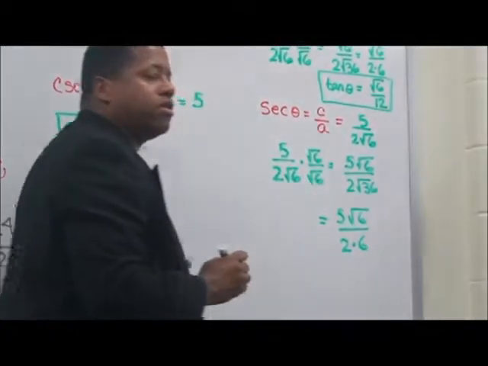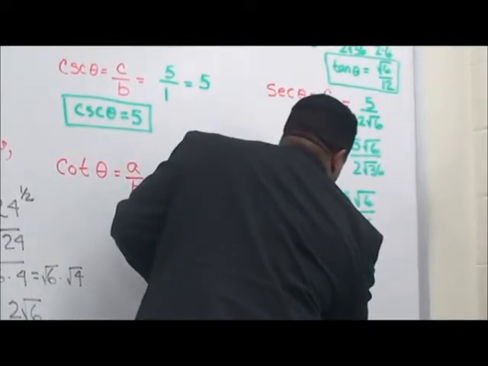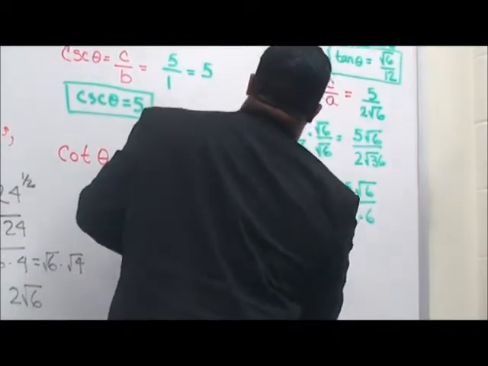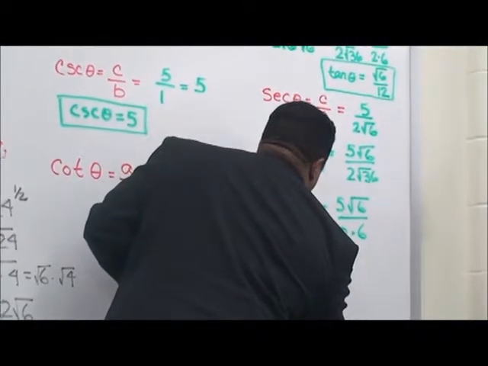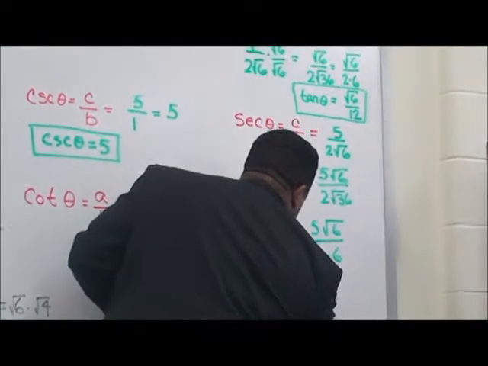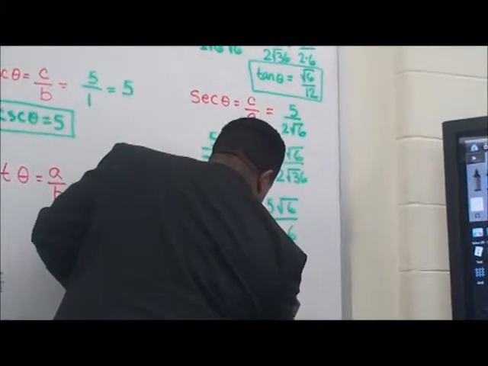Square root of 36 is 6. So 2 times 6 is 12 there. So your secant theta is going to be 5 times the square root of 6 divided by 12.